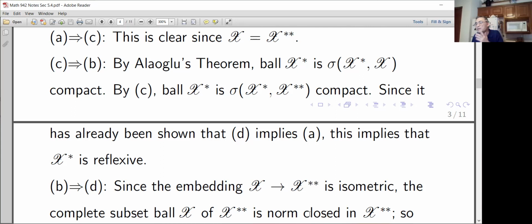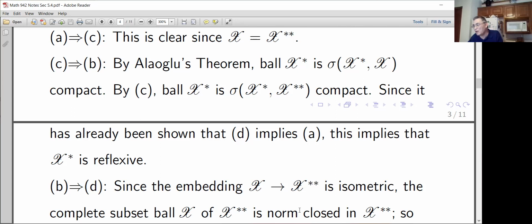This is because if you have a point which is the limit of a sequence in this set, then this sequence must be Cauchy. But since it's complete, the limit must be contained in this set. So the set is closed. So this ball X is norm closed in X double star.